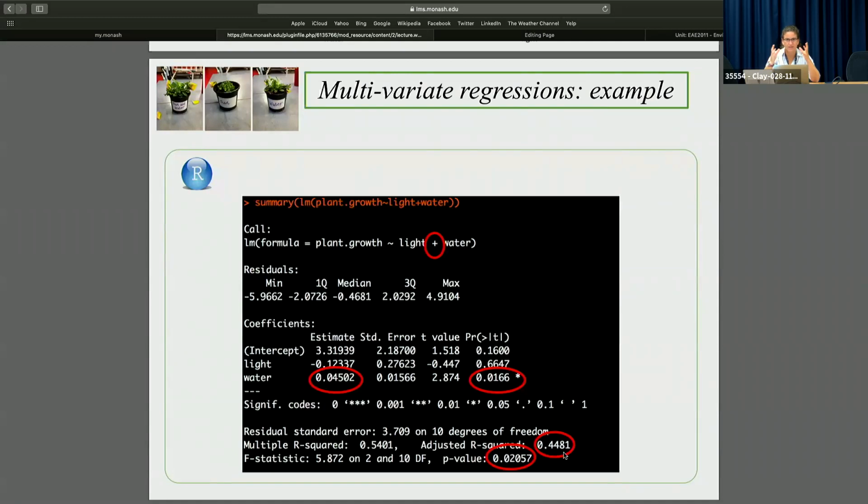It could be that water and light are just not important for plants. We know that's not the case. It could be that I'm missing something, maybe nutrients, maybe other things that I didn't take into account in the model. Or it could be that plant growth is just so variable, it's really hard to capture.